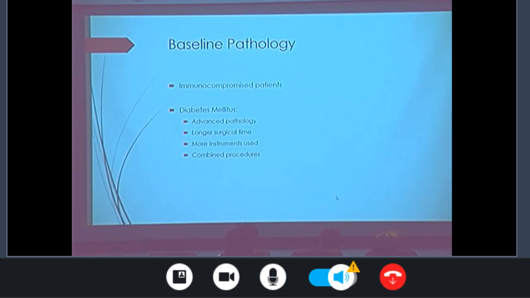We also have to take into account that these patients have advanced tractional retinal detachments many times, and this could lead to longer surgical times, more instrumentation being used intraoperatively, and these procedures are sometimes combined as well with cataract surgery. So this creates more wounds and more possible ways for the bacteria to enter the eye.